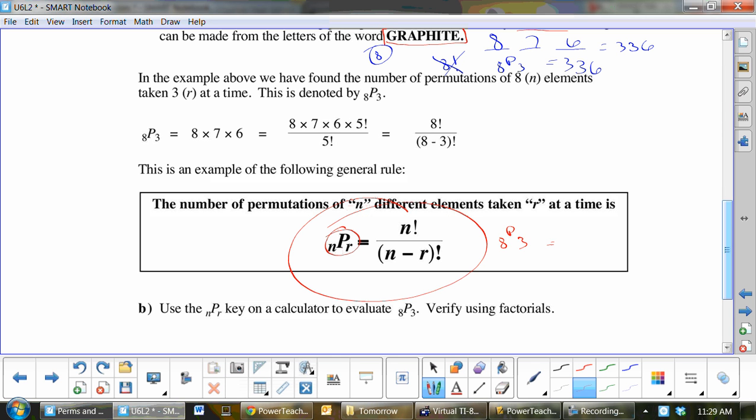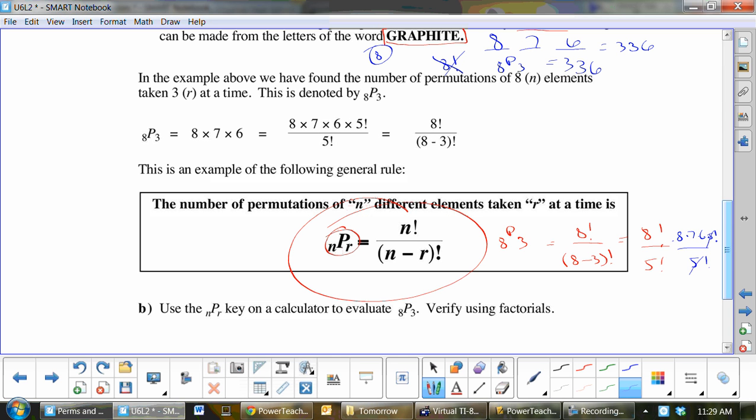So this would be 8 factorial over 8 minus 3 factorial, which equals 8 factorial over 5 factorial, right? Now, how do I cancel the 5 factorial on the bottom? Good. This would be 8 times 7 times 6 times 5 factorial over 5 factorial.